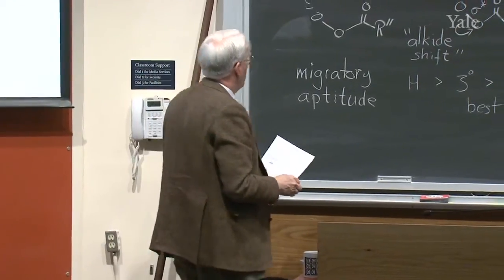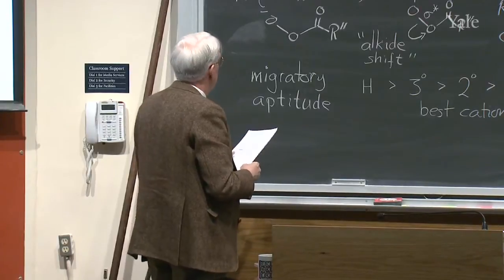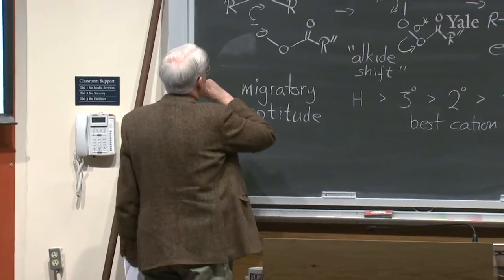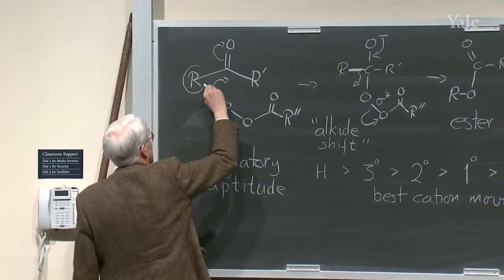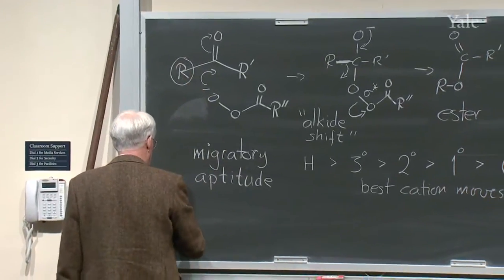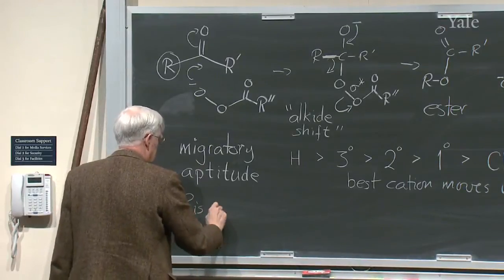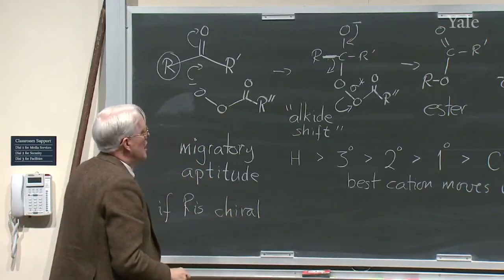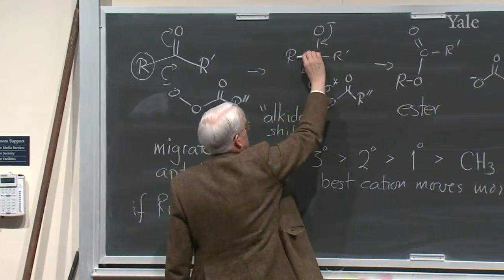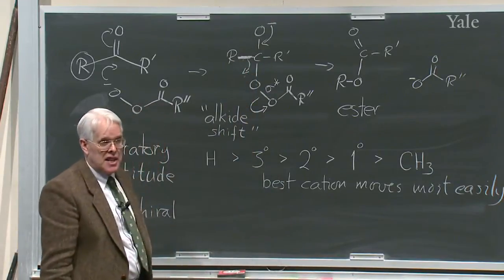Okay. One other feature is that if the group that's migrating is chiral, then since you're just moving these electrons over, it's not any kind of backside attack.